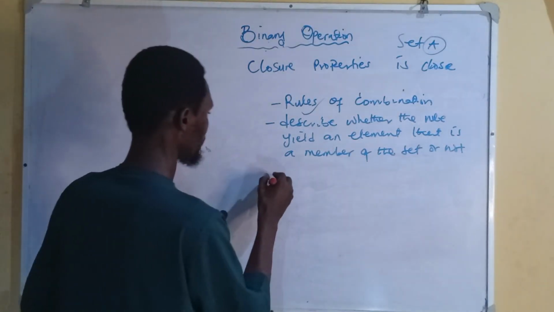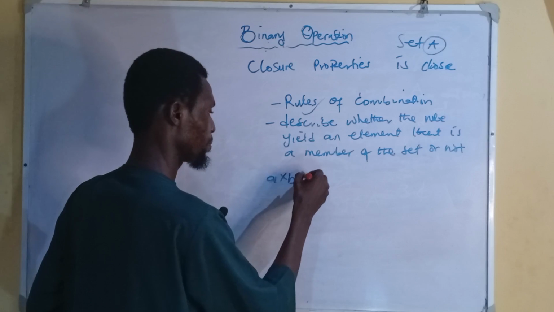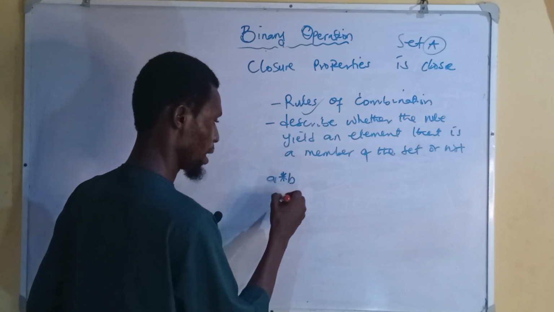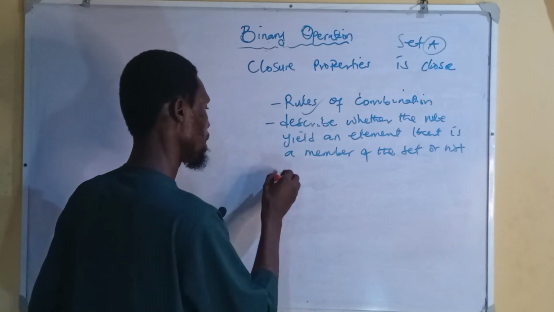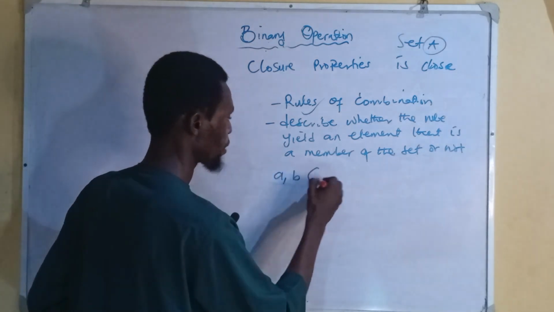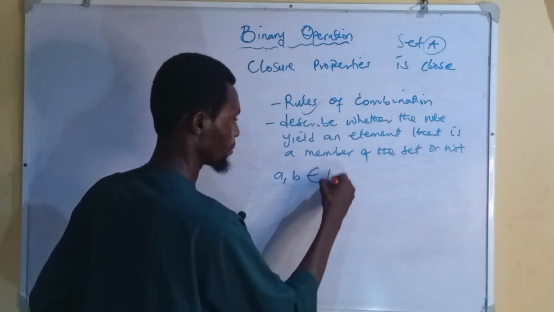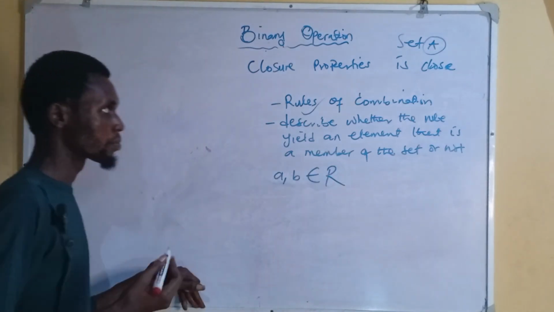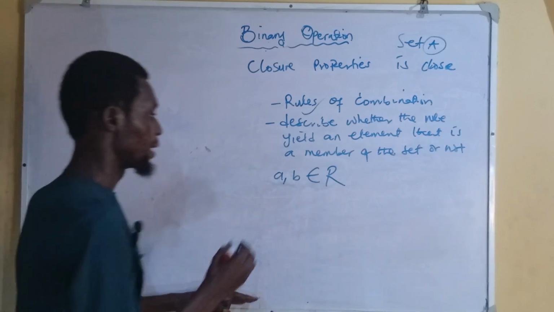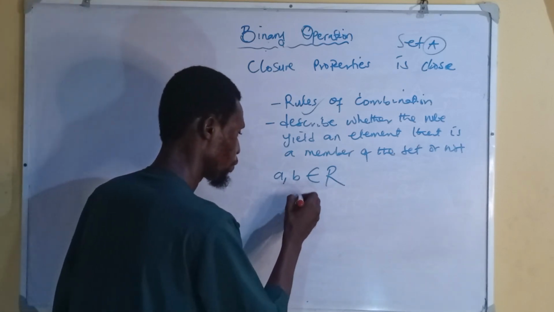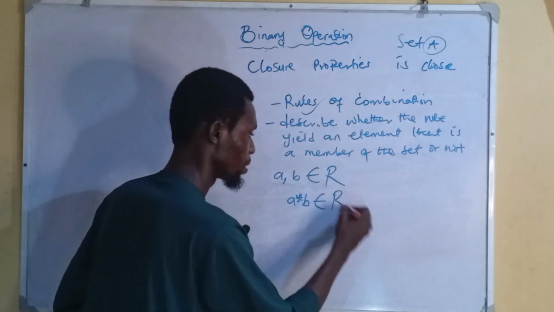So that is to say, if I have A and B as members of a particular set R, and the result of combining A and B is also a member of what?